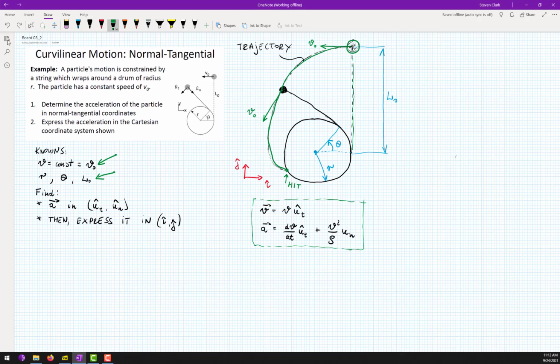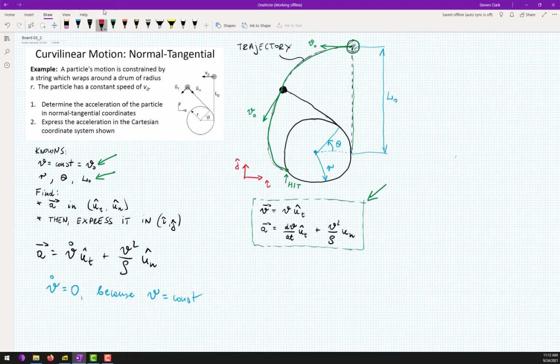I usually write down those magical expressions from the previous board. But in here, we will actually just use the expression for acceleration: a = v dot ut + v squared over rho un. Guys, I'm not even going to ask you what is v dot? It is 0, of course, because speed is constant.